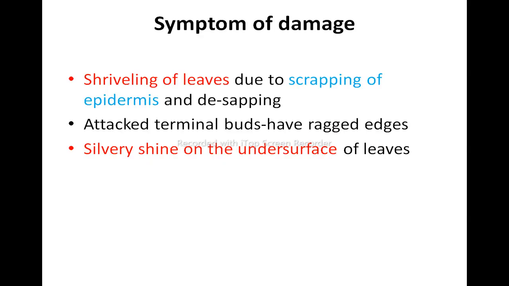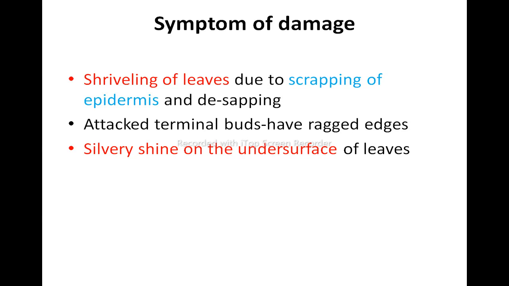Symptom of damage. Which type of symptom can we see on the cotton that is affected by thrips? The first symptom is shriveling of the leaves due to the scraping of the epidermis. As I told, thrips have rasping and sucking type mouth parts, and rasp means scraping the epidermis. Because of that, the leaves become shriveled.